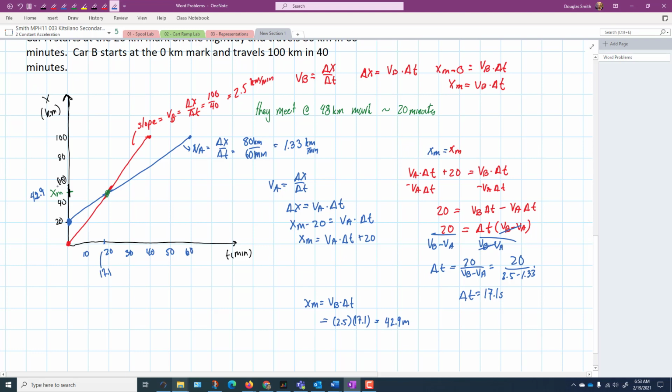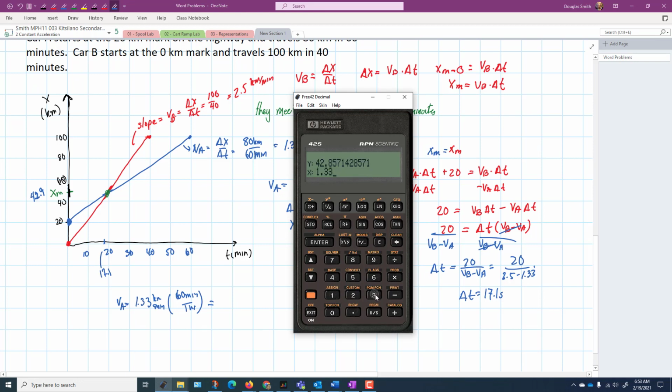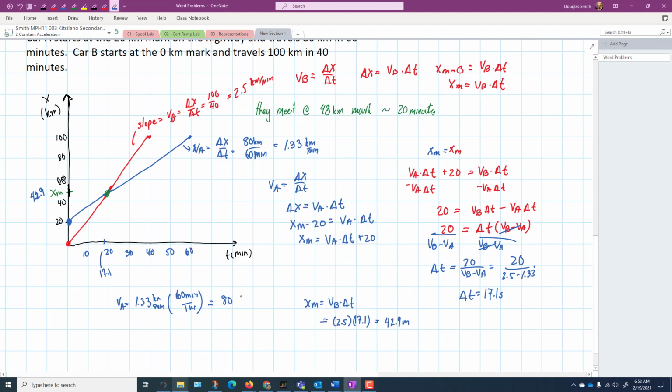Awesome. The last thing I said I was going to do was convert this into units that make more sense. So VA is 1.33 kilometers per minute. Let's change that to hours. So there's 60 minutes in 1 hour. 1.3333 times 60. So that's 80 kilometers per hour.